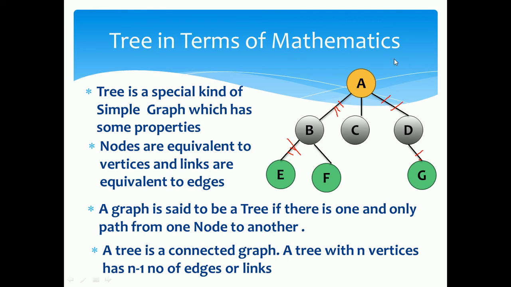If there are fewer than n-1 edges, it will become a disconnected graph, but if there are more than n-1 edges, it will become a complex graph. It will not remain a simple graph. I have told you that a tree is a kind of simple graph. So these are the basic properties.